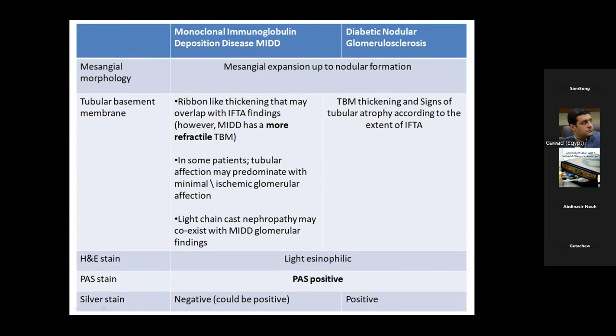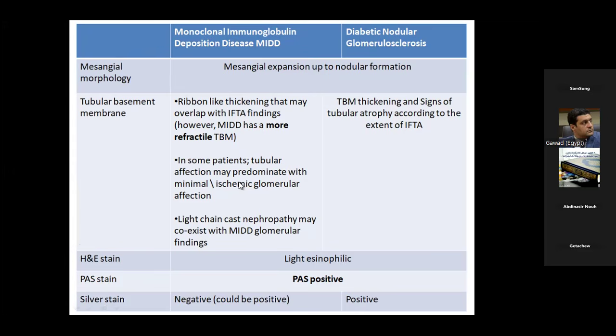So the glomeruli may progress faster towards chronicity, and you may miss the nodular sclerosis and the glomerular basement membrane thickening. But light chain deposition along the tubular basement membrane with light chain cast nephropathy will be the sign or the clue to diagnose these cases.